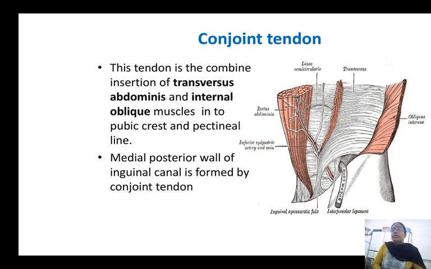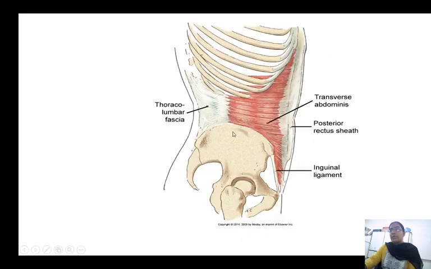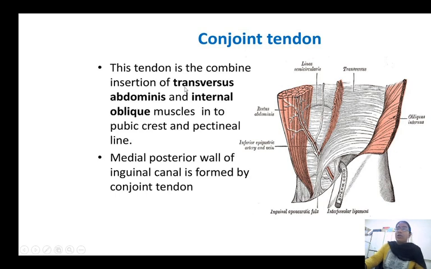Now, what is the conjoint tendon? The conjoint tendon is a tendon formed by the transverse abdominis muscle and internal oblique muscle. The fibers coming from the inguinal region, both transverse abdominis and internal oblique, combine at the insertion and form the falx inguinalis. Mostly 2/3 of the conjoint tendon is formed by transversus abdominis, and 1/3 is formed by the internal oblique muscle.